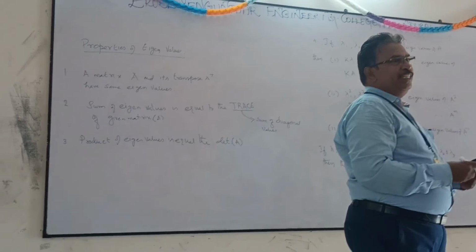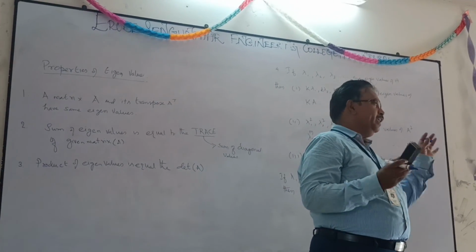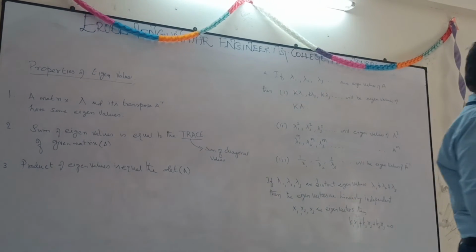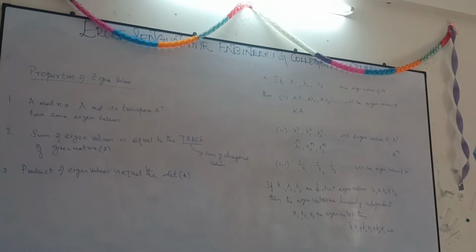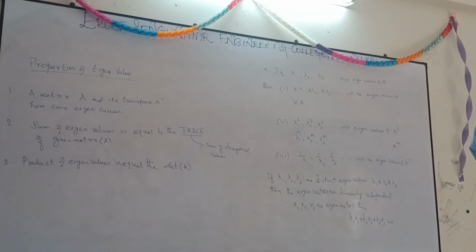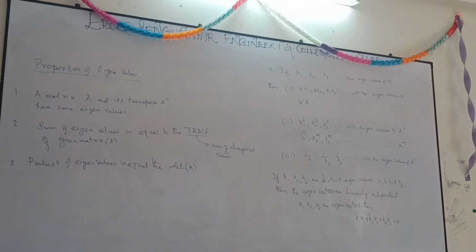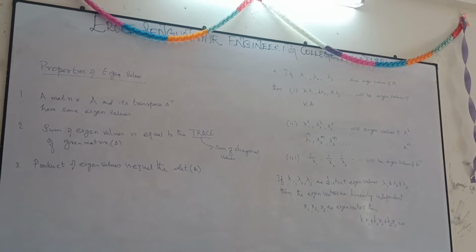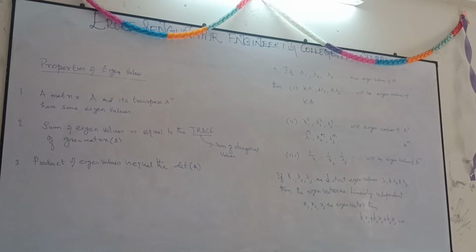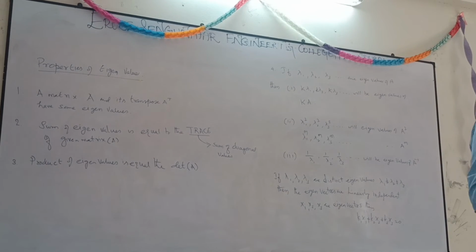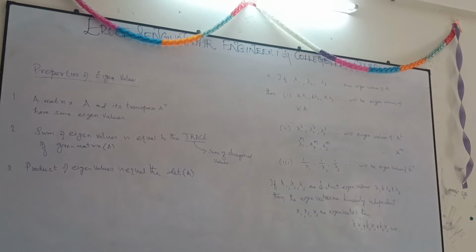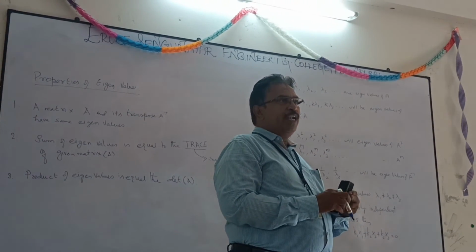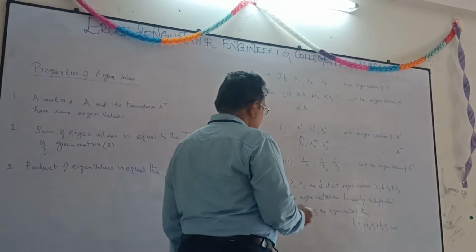If the eigenvalues are not distinct, then the eigenvectors may not be linearly independent. So for repeated values, we have to find linearly independent vectors. For linear transformation, orthogonal transformation, whatever it is, the eigenvectors are very important. We are going to transform the matrix into orthogonal form or normal form or any other form, and we need linearly independent vectors. So it is very essential to find linearly independent vectors. If they are distinct values, it is not essential.